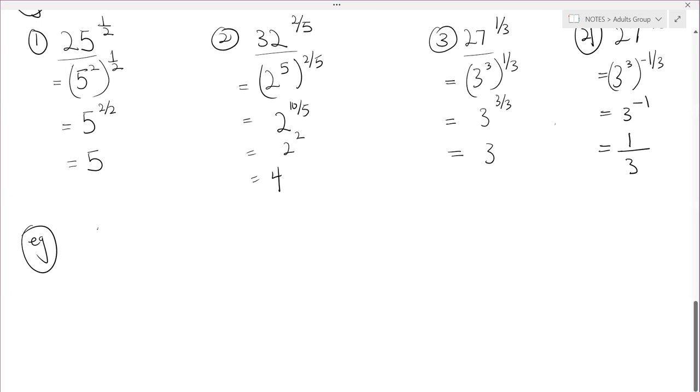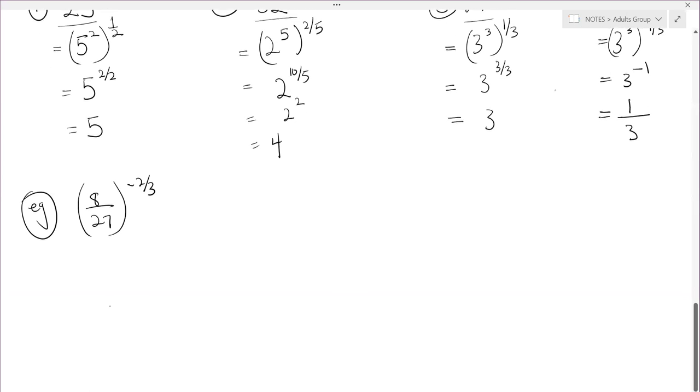Let's try 8 over 27 raised to the power of negative 2 over 3. So what is happening here is we can, if I have something like this, a over b to the power of 2, I can simply just say this is a squared over b squared, because remember, everything in the bracket has to be squared, right?